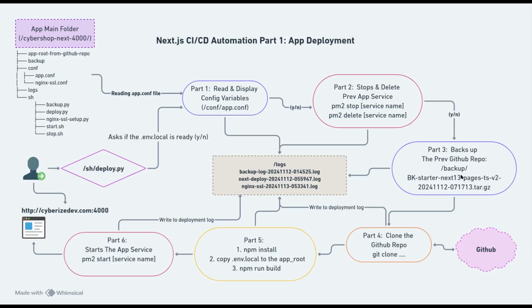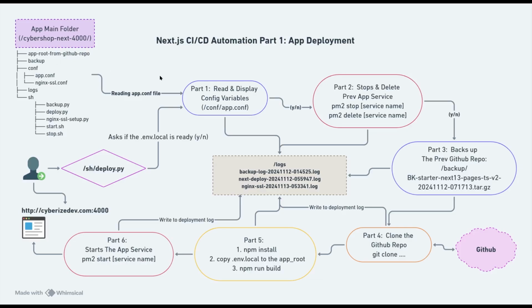At this point, the script takes this GitHub repo clone, which is the actual app root, and does a backup. But before it does, it removes the npm libraries folder, because that way we can keep our backup size smaller, right?